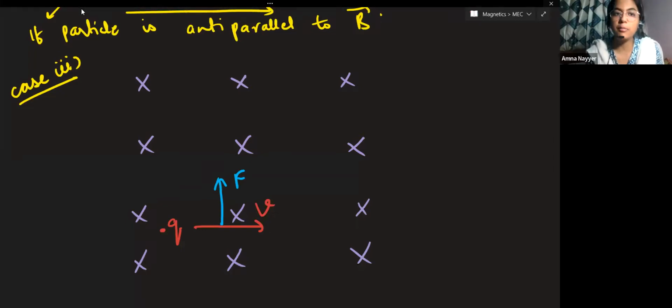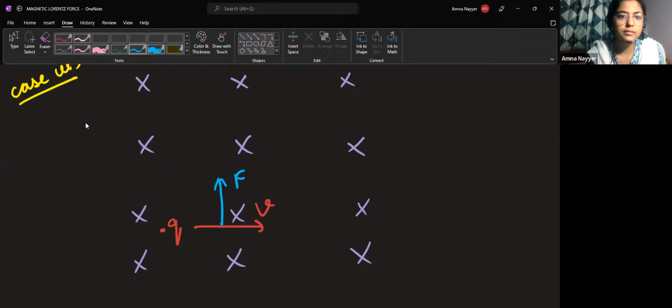I'm repeating this. Velocity was towards the right hand side, so I kept my hand towards the right hand side. After keeping it at the correct position, whether it is right, left, upwards, downwards, be it any position, you have to curl your fingers towards the magnetic field. When I kept my hand like this, only then was I able to curl my fingers towards the magnetic field.